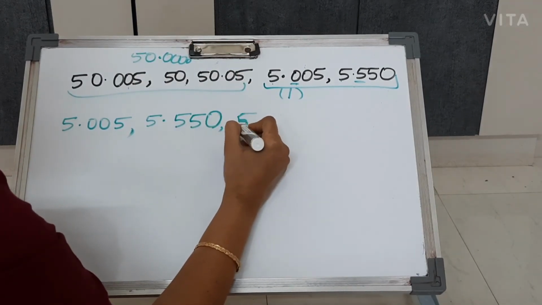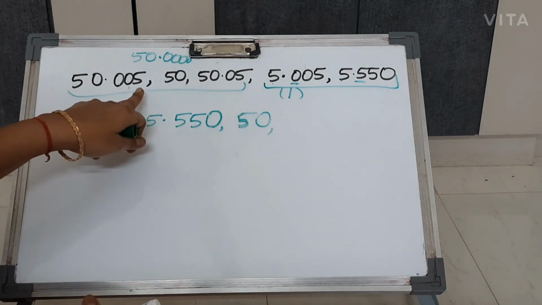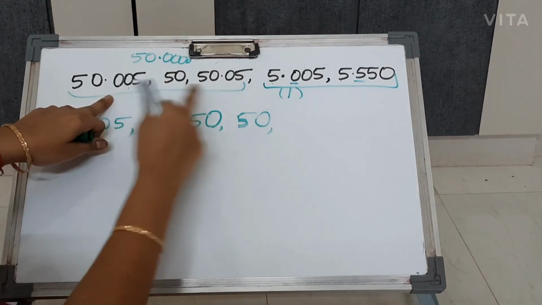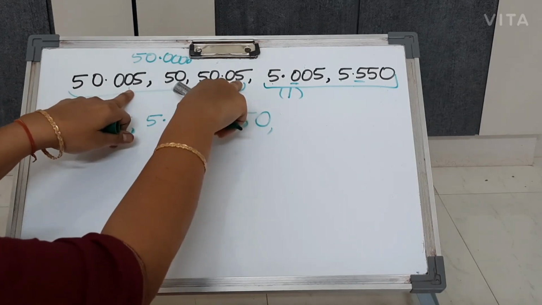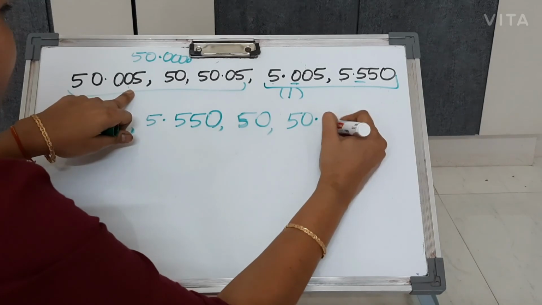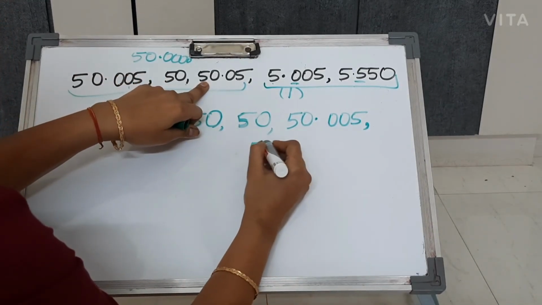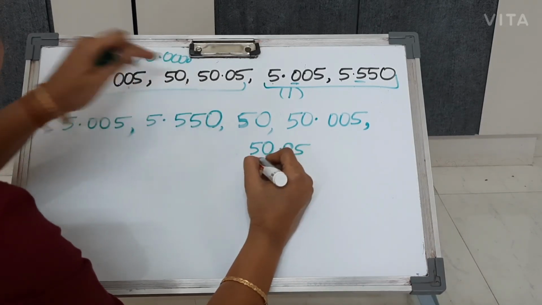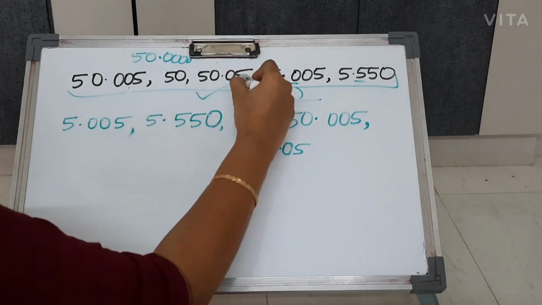So next is 50. Next here is this and this. Now which will come first? Here the 100th place value is 5 and here the 100th place value is 0. So this number will come first, 50.005, and the last is 50.05. So that means the smallest number is this and the greatest number is this.